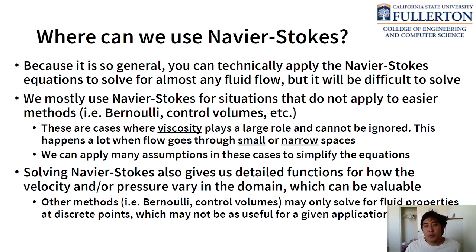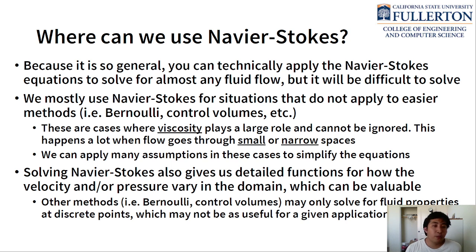And so practically speaking, from an analytical point of view, we mostly use Navier-Stokes for situations that we can't apply some of our easier methods. And so if you can't use Bernoulli, if you can't use control volumes, then that's when you want to use Navier-Stokes. And most of the time, these are going to be cases when viscosity plays a big role in the flow, right?